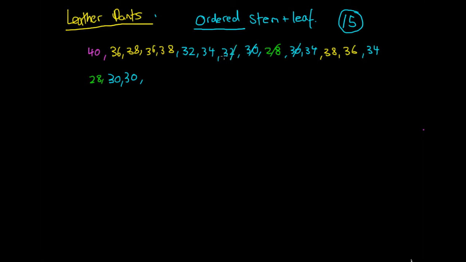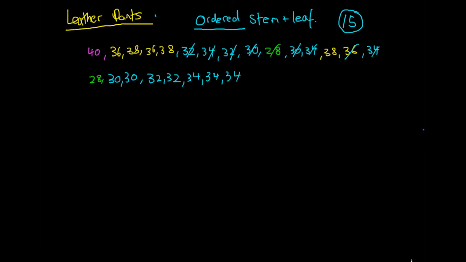Then 32s, the next size up. So I got two 32s. Then we'll look for the next size up, 34, three 34s. Then the next size up is going to be 36, so I go over to my 36.